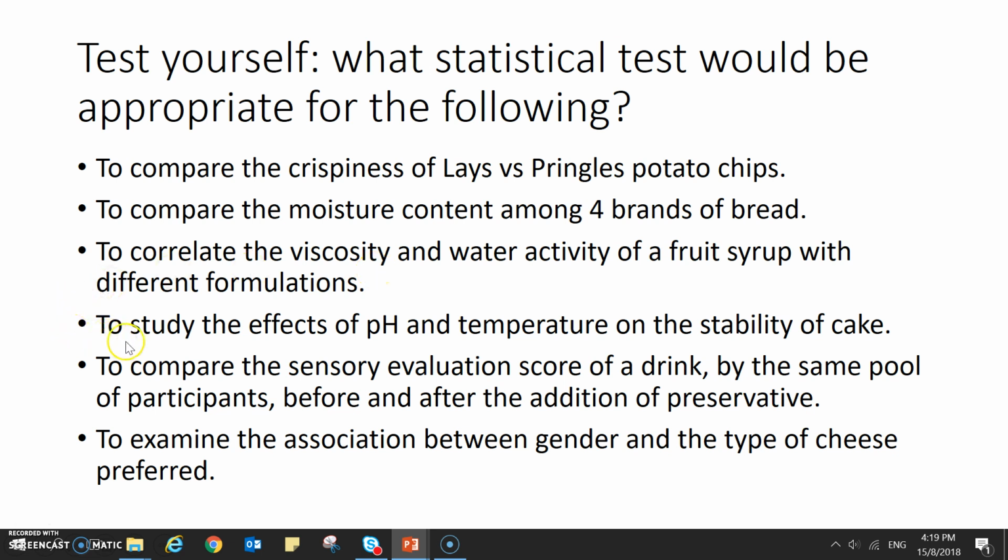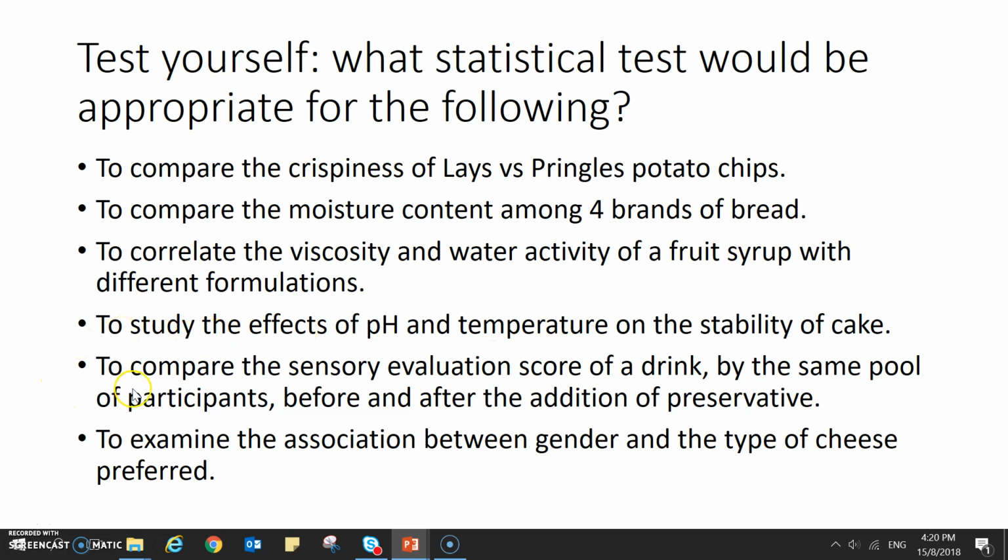Next example, to study the effects of pH and temperature on the stability of cake. In this case, the dependent variable being measured is the stability of the cake. But you have 2 different independent variables, pH and temperature. Therefore, you will use a two-way ANOVA.